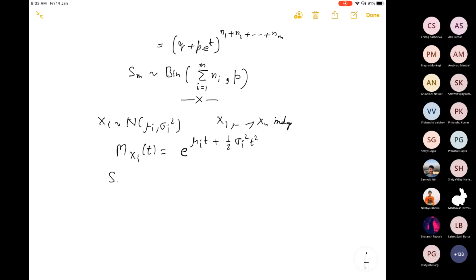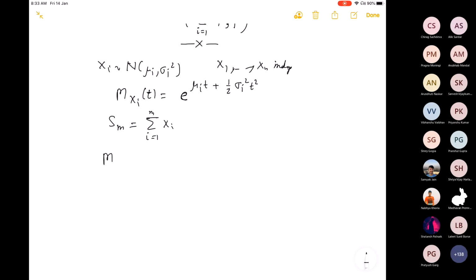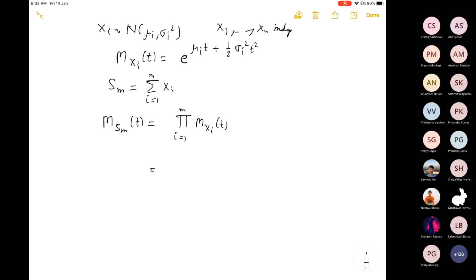Okay, and we take Sm as the summation of Xi, i from 1 to m. Then the moment generating function of Sm at t is the product of their moment generating functions. So therefore, this will be e raised to power mu1 t plus half sigma1 square t square, and so on, up to e raised to power mu m t plus half sigma m square t square.